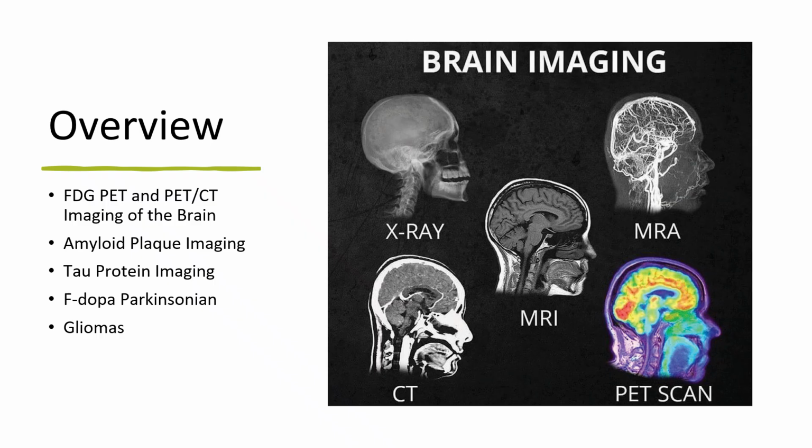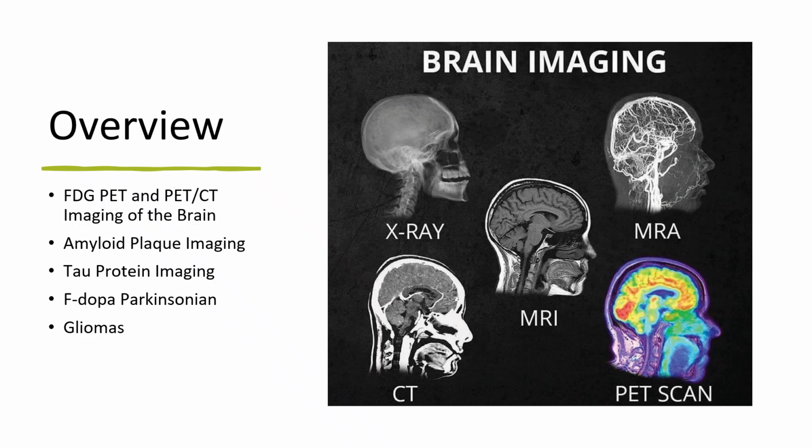So PET MRI, that's one of the advantages, is that it's really good for neurologic imaging. PET-CT is okay though. We don't have a lot of PET MRI scanners out there. Not everybody has access to them, so PET-CT is the most common thing that you will see.